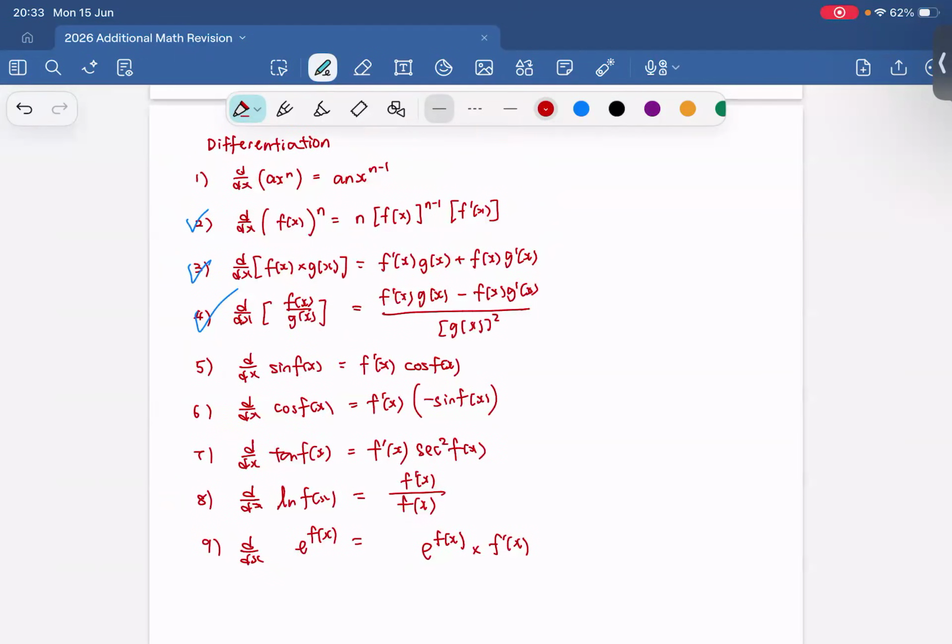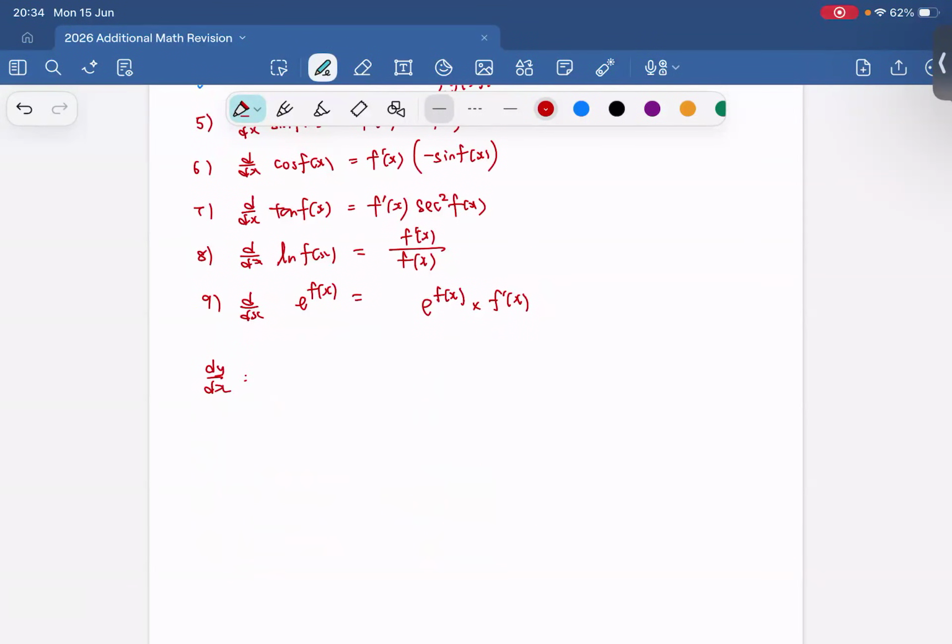Now let's explore some keywords that we know. So dy/dx is also known as the gradient of the tangent to the curve. In short, it's easier for you to remember it as just the gradient. If the question says increasing function, it means dy/dx is more than 0.